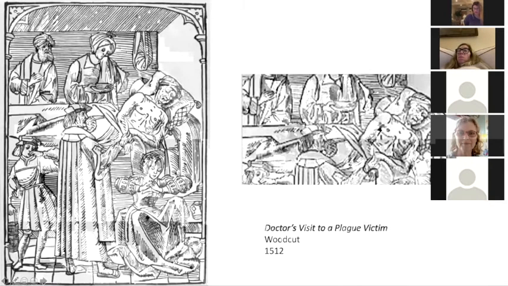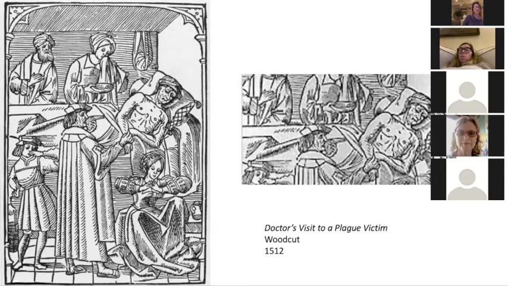Apparently, laying on the side or laying kind of sideways would alleviate the pain of the bulbo. And so we have a number of attending officials. This individual here is probably a doctor, and they would hold a vinegar sponge to their mouth.